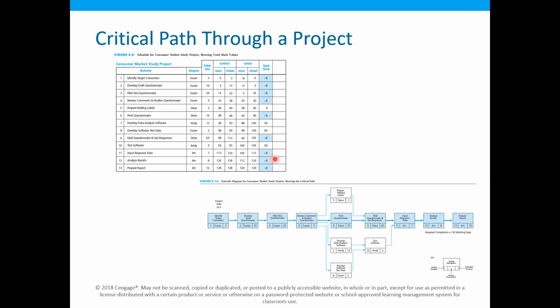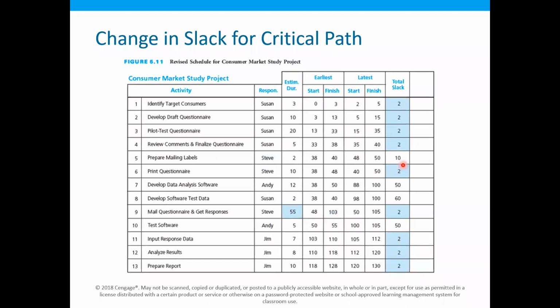-8 was the least slack, and we can easily find the slack by subtracting the earliest and latest start times. Here you can see the change in slack for the critical path.